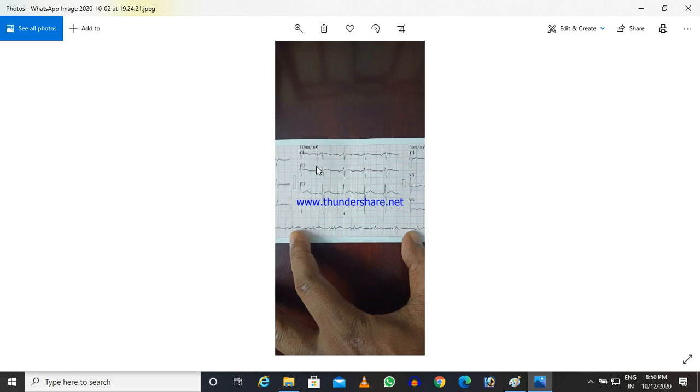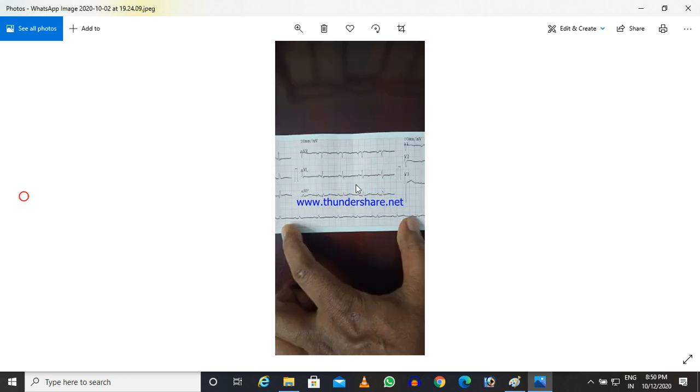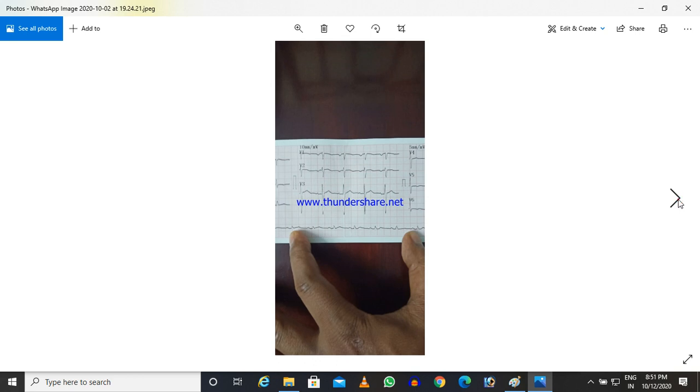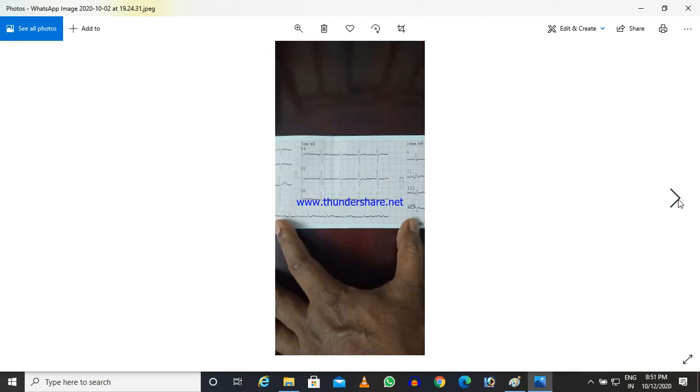You see V1. So except V1 and AVR, everywhere the T waves are, even though this is flat, positively reflected. Okay. Now come to the findings.